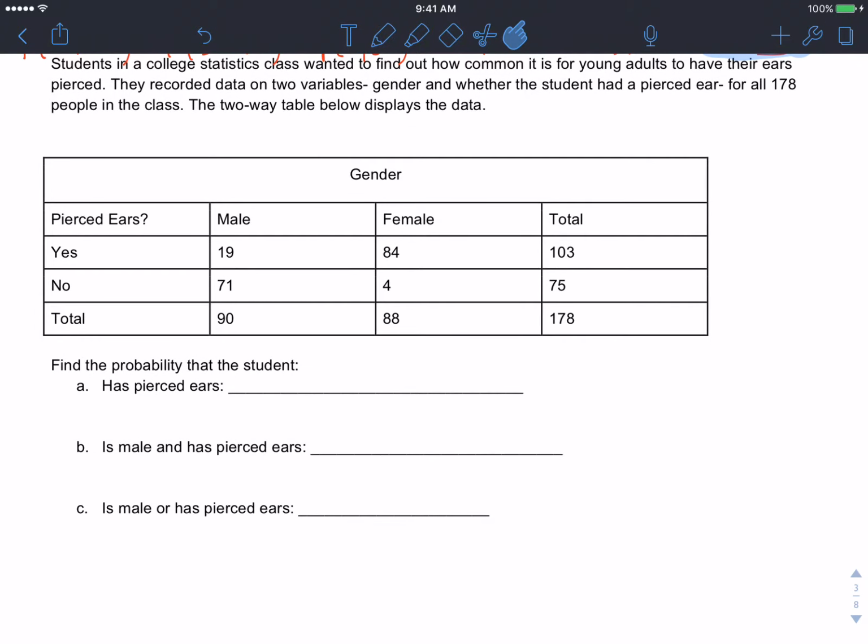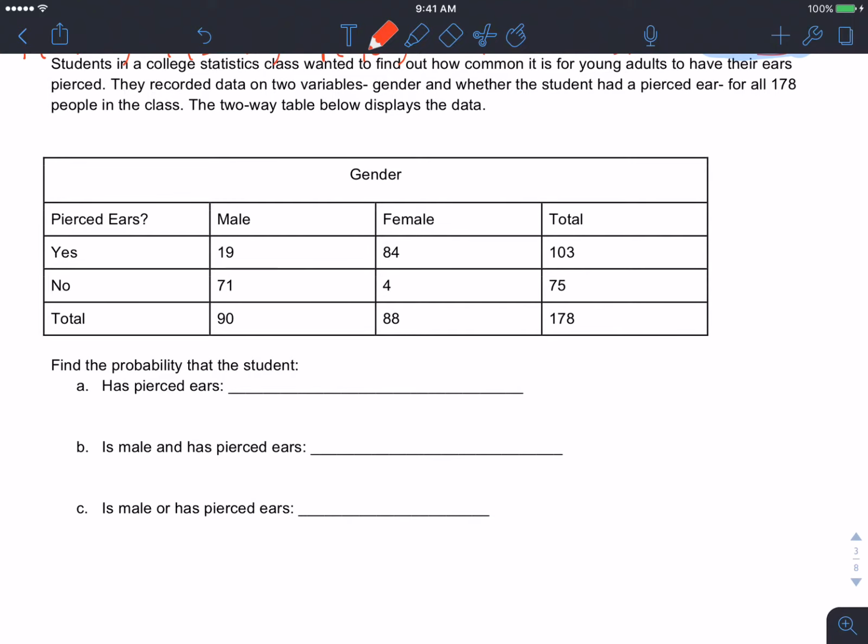Students in a college stats class want to find out how common it is for young adults to have their ears pierced. They record data on two variables, gender and whether or not the student has pierced ears. There was a total of 178 people, and here's the two-way table. So we know that we want the probability of they have pierced ears.